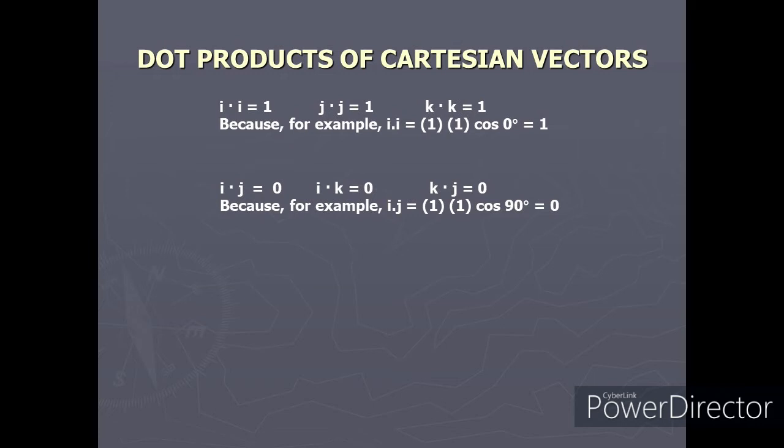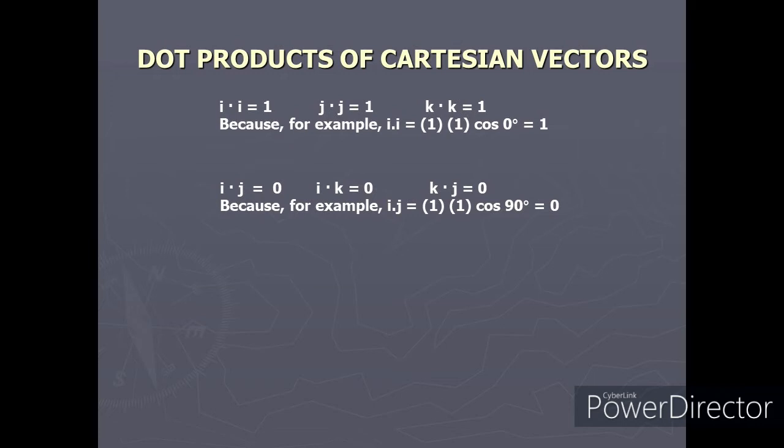Now, dot product of Cartesian vectors. When you have I dot I, what will be the result? The magnitude of I times the magnitude of I times cos of the angle between I and I. What is the angle between I and I? 0.